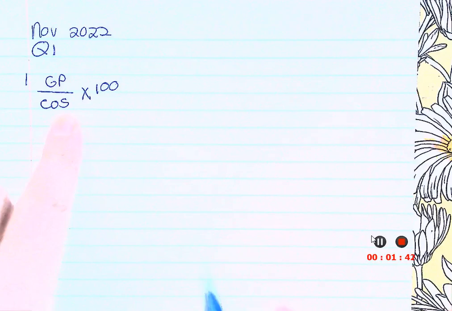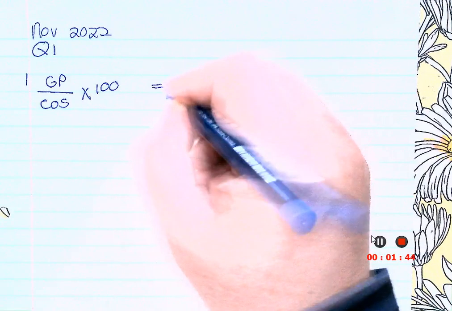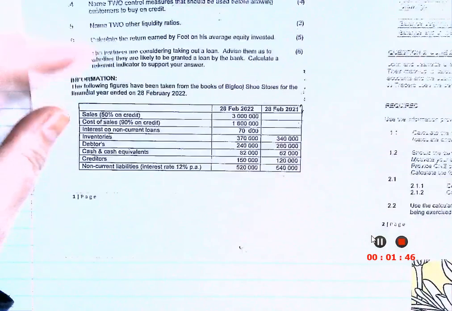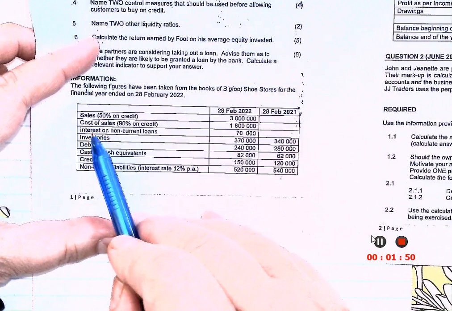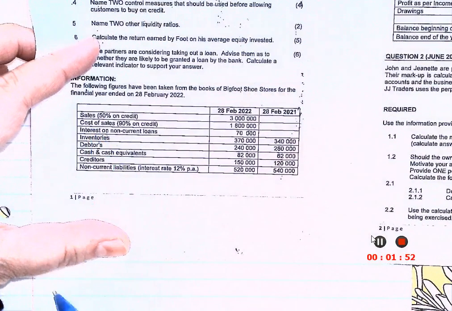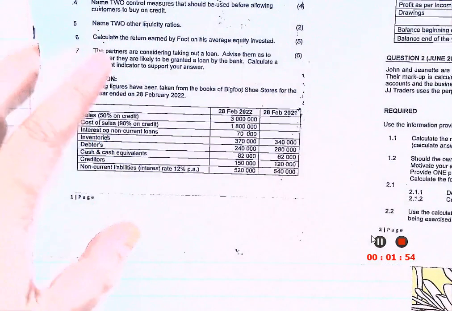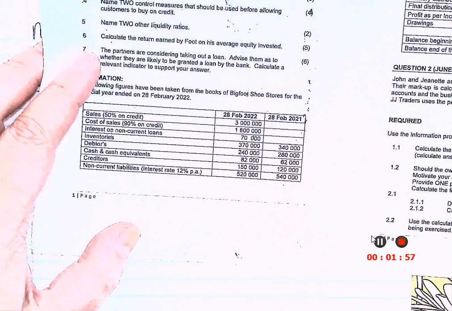Now let's go look. What information do they give me? They give me sales and cost of sales. Can you see they don't give me the gross profit? But if you go back in your head into the income statement, how do you calculate gross profit? Sales less cost of sales.